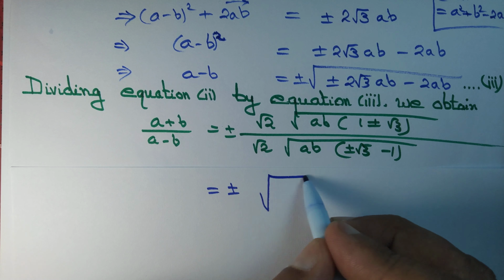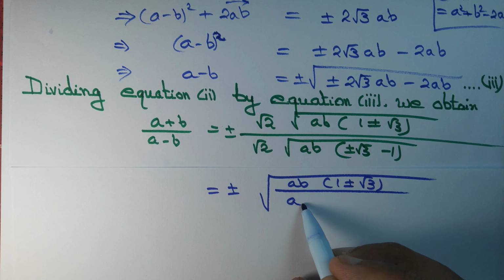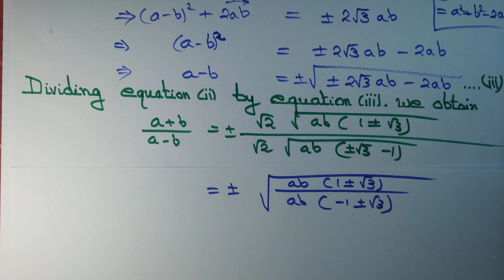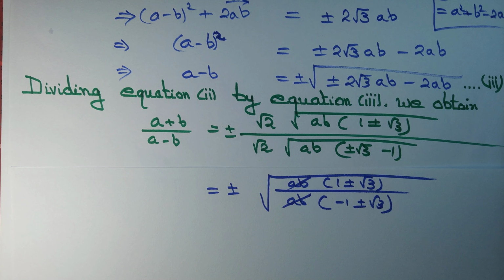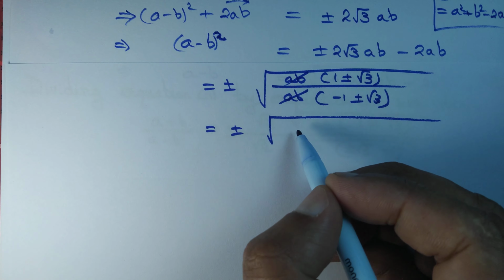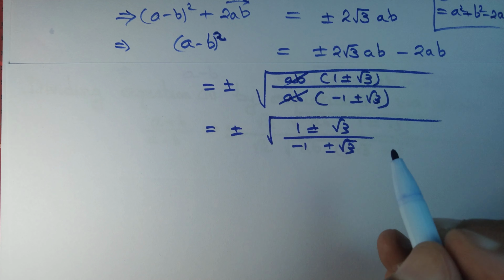Once again, root of x by root of y equals root of x by y. Now we see we can cancel AB as well. Of course, if A and B were 0, then we'll do it separately. So this is equal to plus minus square root of 1 plus minus root 3 divided by minus 1 plus minus root 3.